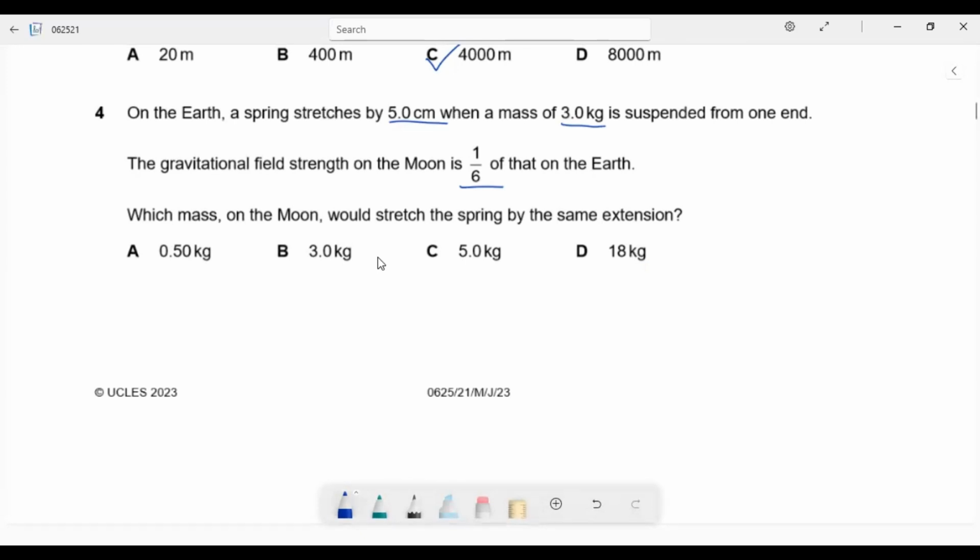So the same 5 centimeter extension is required. The mass is 3 kg. So what mass is required on the moon? We can just multiply 3 into 6. That is 18. So the mass on the moon will be 18.